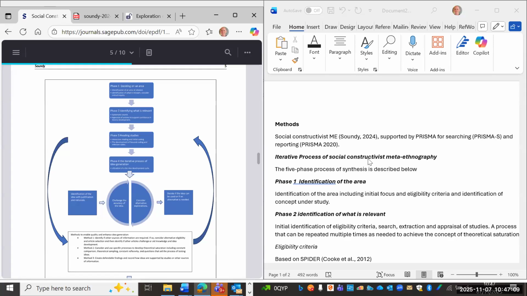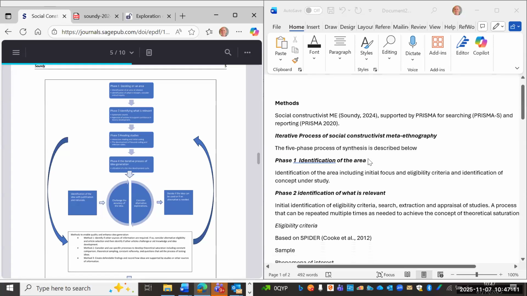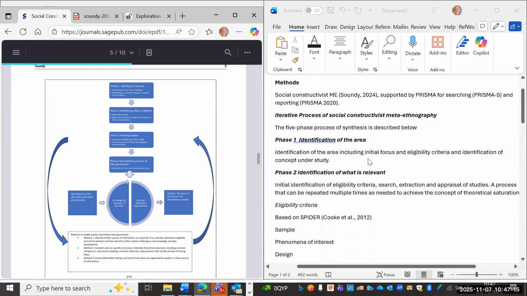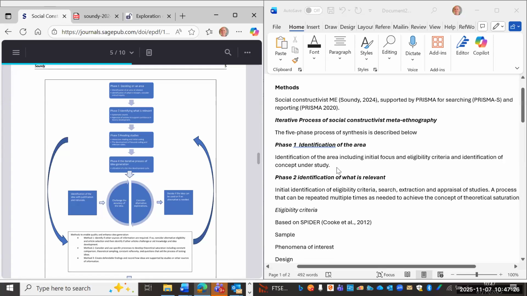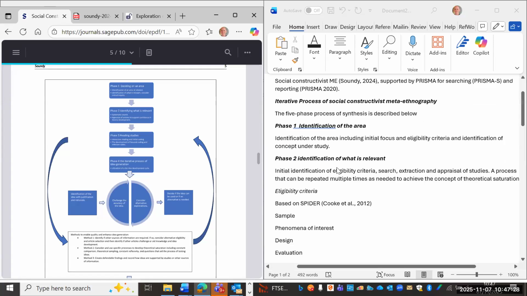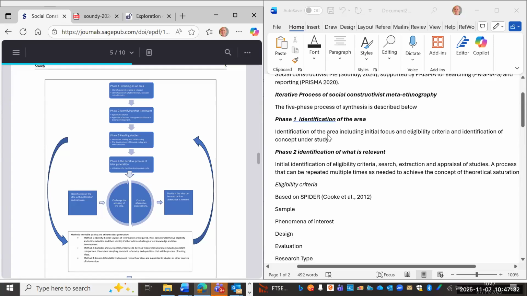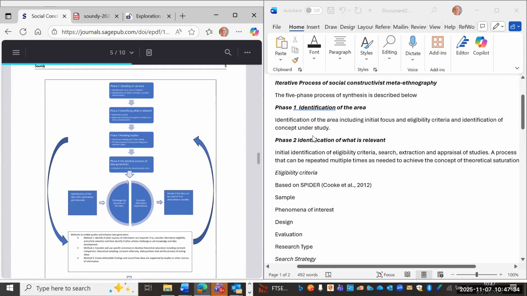In terms of what you write up next, I would probably think about the phases that have gone through. So if you've identified the area you're interested in initially, or the initial focus of that in the introduction, then a follow through here is appropriate to consider what that area is. And then some sort of justification of that is needed first.